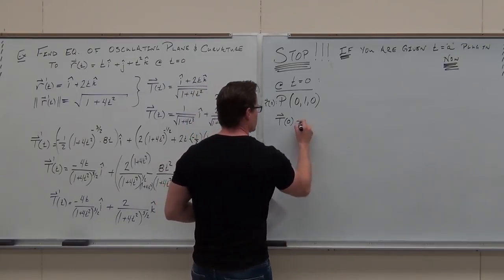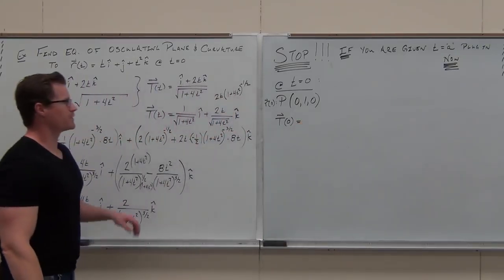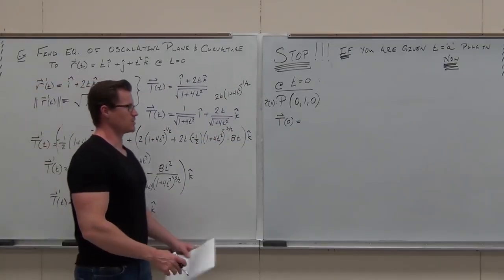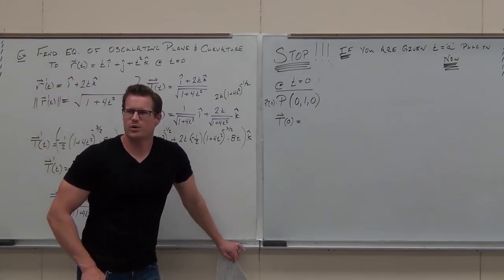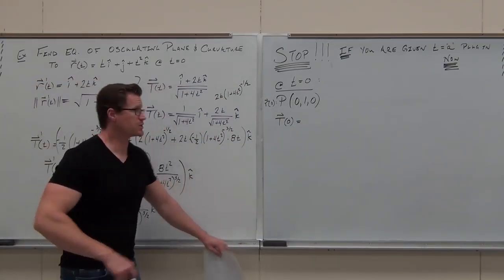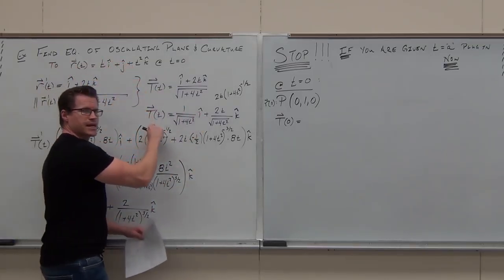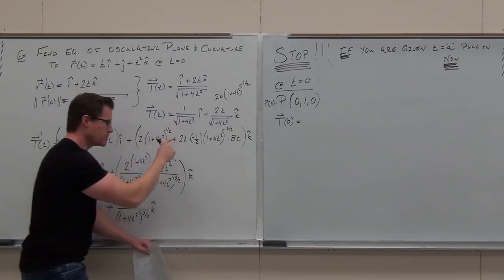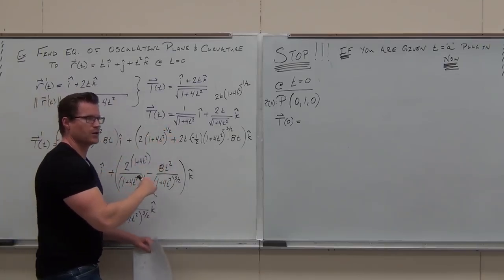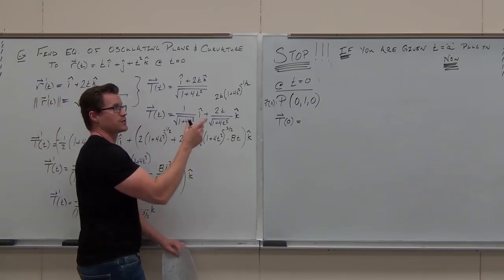Let's start here. Can you tell me what the unit tangent is at 0? Where would you go for that one? So we did the point, we plugged into the vector function. I need to know the unit tangent. I need to know the unit normal.